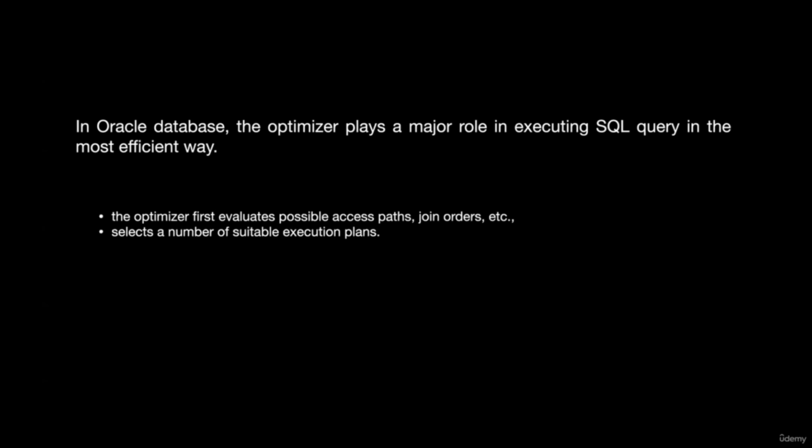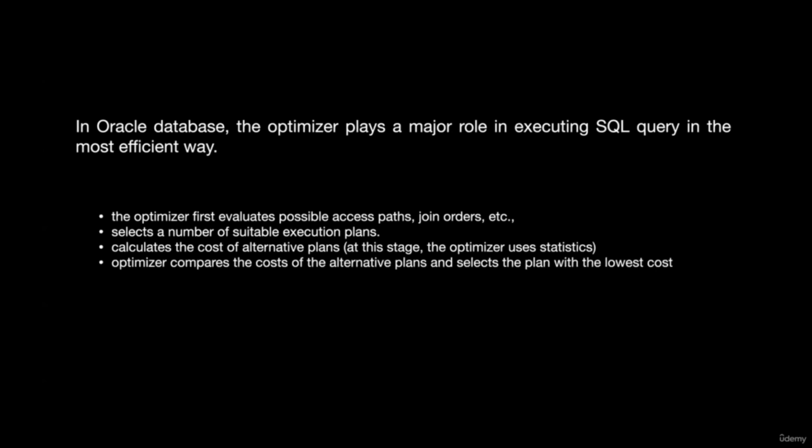It then calculates the cost of alternative plans based on input/output, CPU, and memory usage. At this stage, the optimizer uses statistics, which include information about the distribution of data and the storage characteristics of tables and indexes. Finally, the optimizer compares the costs of the alternative plans and selects the plan with the lowest cost.